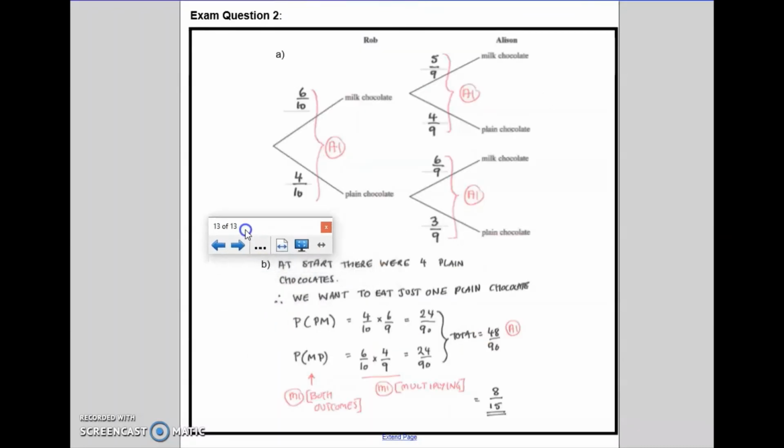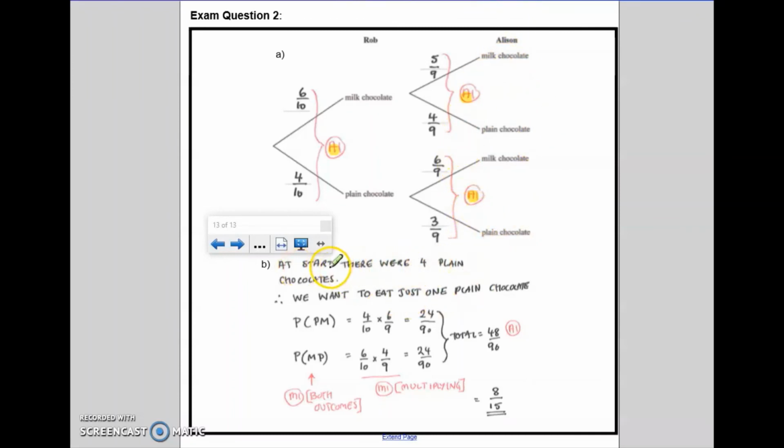Your working out should look something like this. Again, 1 mark available for your original probabilities, another couple of marks available for using your knowledge of dependent events in order to work out your probabilities on your second choice, or Alison's choice, which would be the second choice from the tray of chocolates.